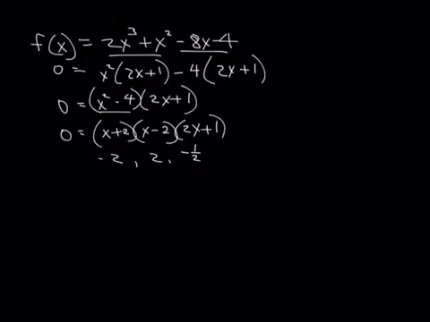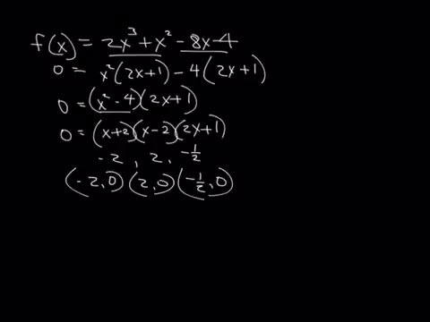So my x-intercepts are going to be at negative 2, 0, 2, 0, and negative 1/2, 0. That's where it's going to cross. Again, if it helps you to have a graph here, at negative 2, 0, at 2, 0, and negative 1/2, 0. Those are where they're crossing.